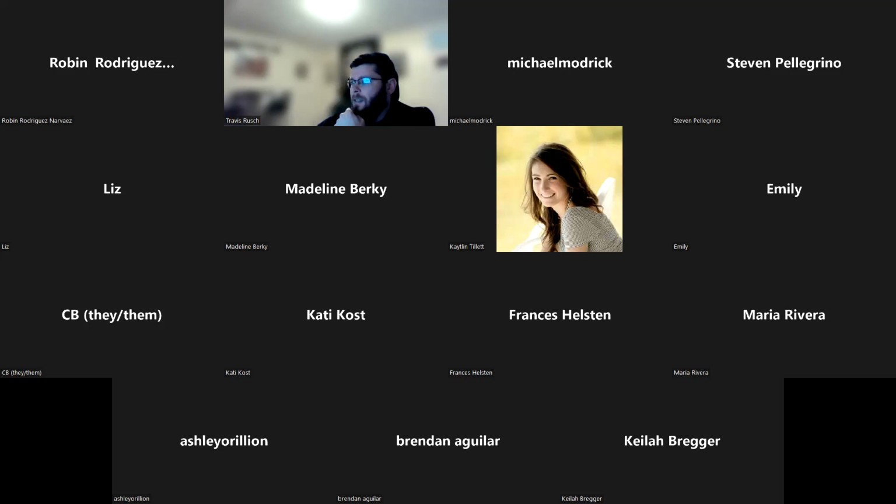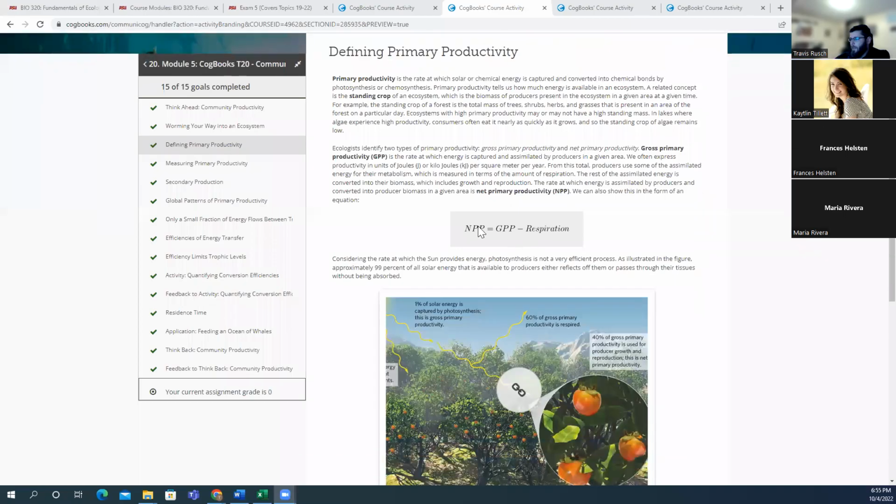Yeah, so that would be an example of another equation that you calculated in Cogbook. So it's possible you'd be asked to calculate that, but again, you would be given the information needed. It's just knowing how to plug it into the equation. Yeah, this was the part that covered it, so this would be that equation.